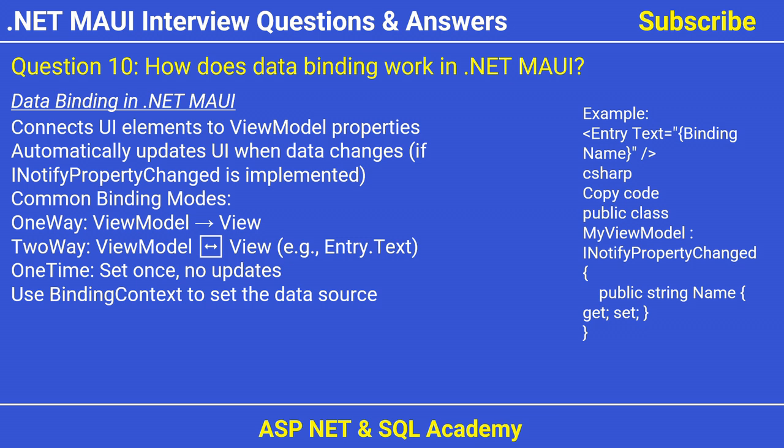For example, Entry Text="{Binding Name}". Behind the scenes, the Name property lives in the view model and can change dynamically while keeping the UI in sync. This mechanism helps create responsive, interactive UIs without writing repetitive code.